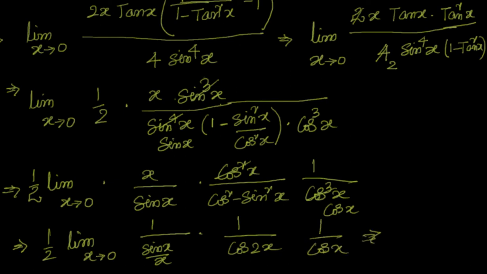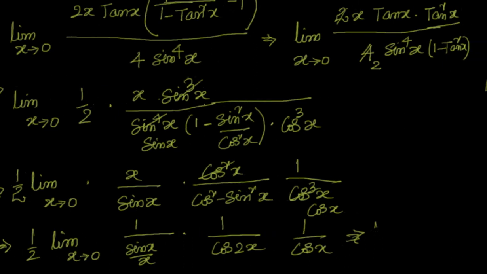Now we can apply the limits independently. It will become half into 1 by (sin x by x), which is 1, 1 by cos 2x, cos 0 is 1, and 1 by cos x is also 1. So the answer is 1 by 2.